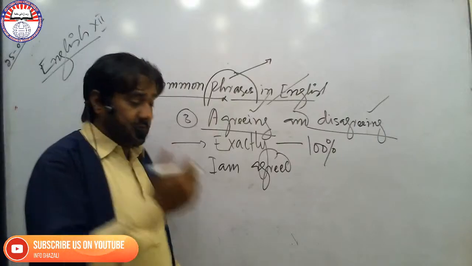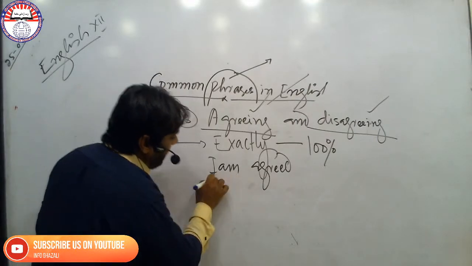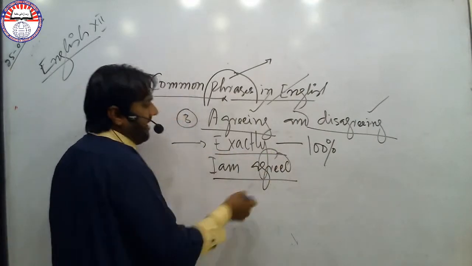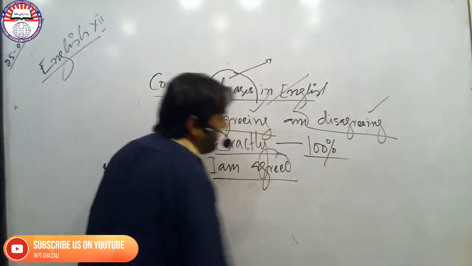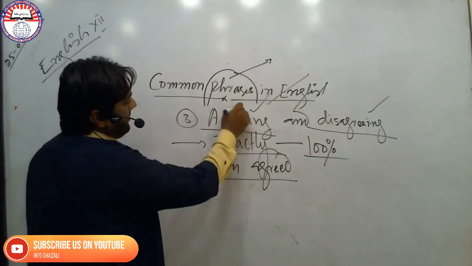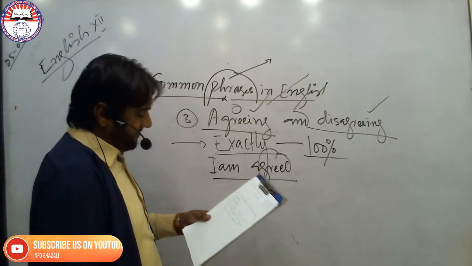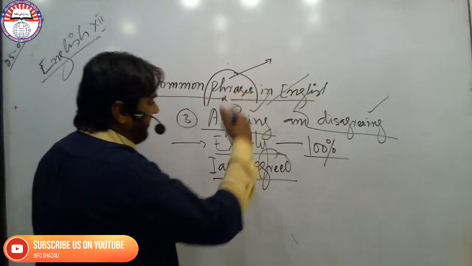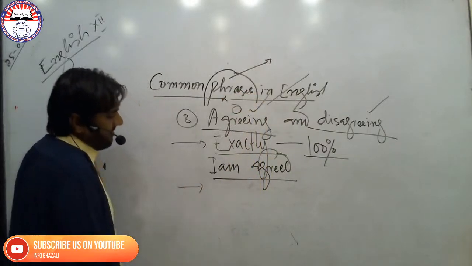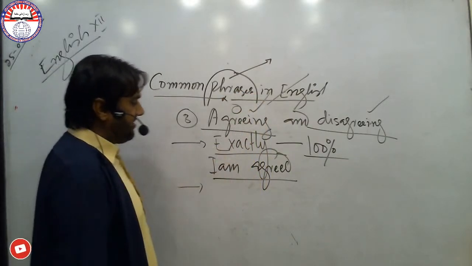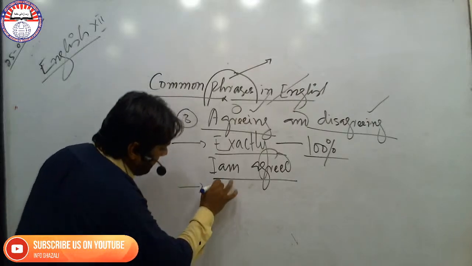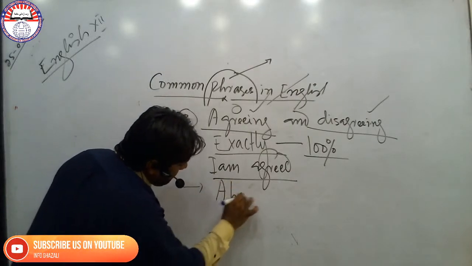So when you say I am agreed, exactly, or 100% agree, it means you are doing this. We have other choices as well. Instead of using these words, rather you would say absolutely.